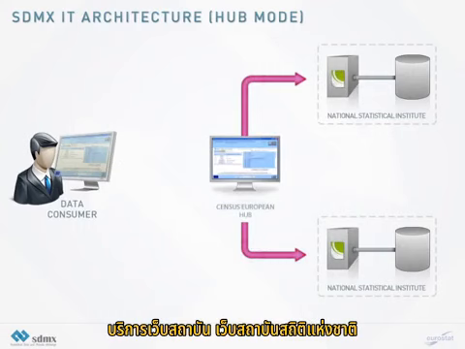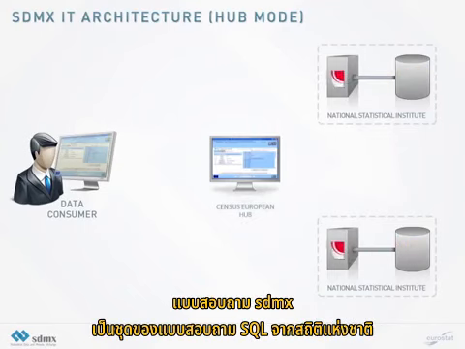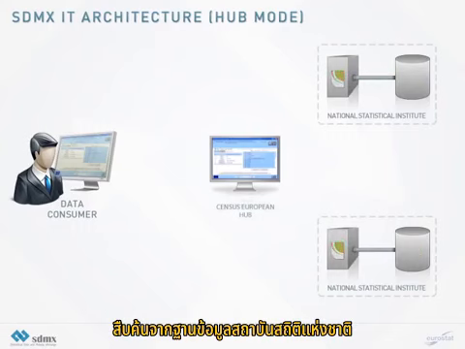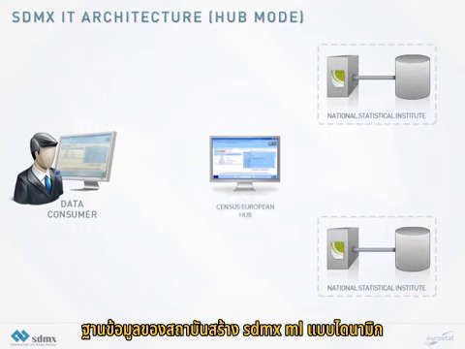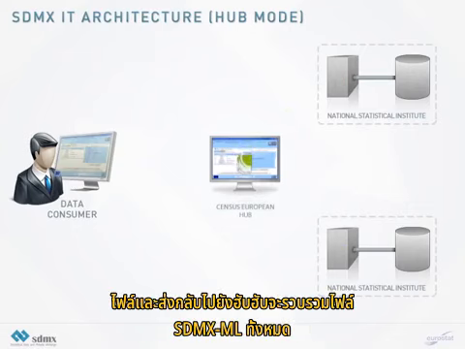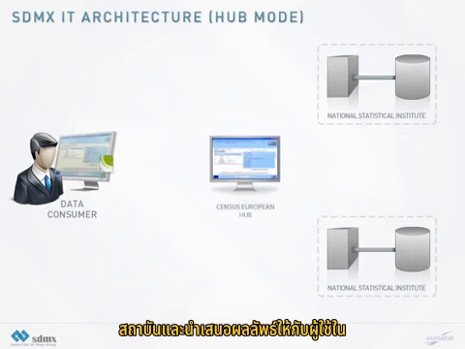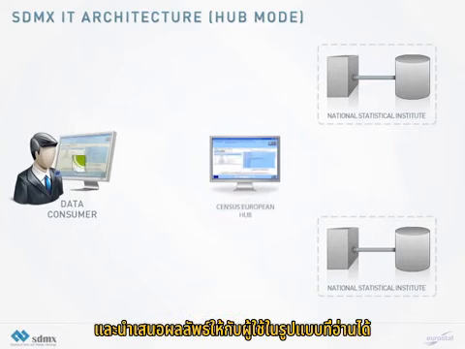The National Statistical Institute's web services convert the SDMX query into a set of SQL queries from the National Statistical Institute's databases, dynamically construct the SDMX ML file, and send them back to the hub. The hub assembles all the SDMX ML files received from the National Statistical Institutes and presents the results to the user in a readable format.